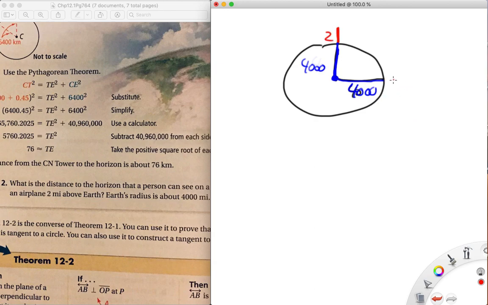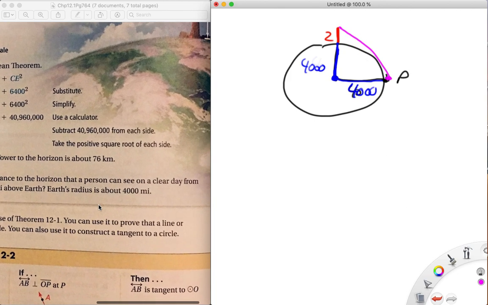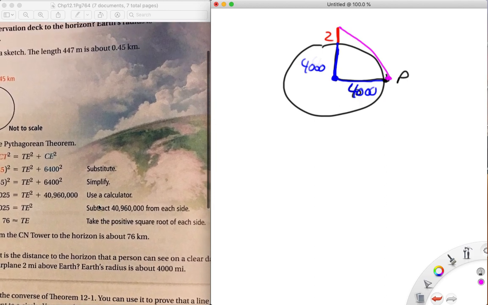There's a person over here, and we'll say P for person, who wants to see how far they can see from that point out using a tangent line. So on a clear day, how far can this person see this plane? That's 2 miles above the Earth.